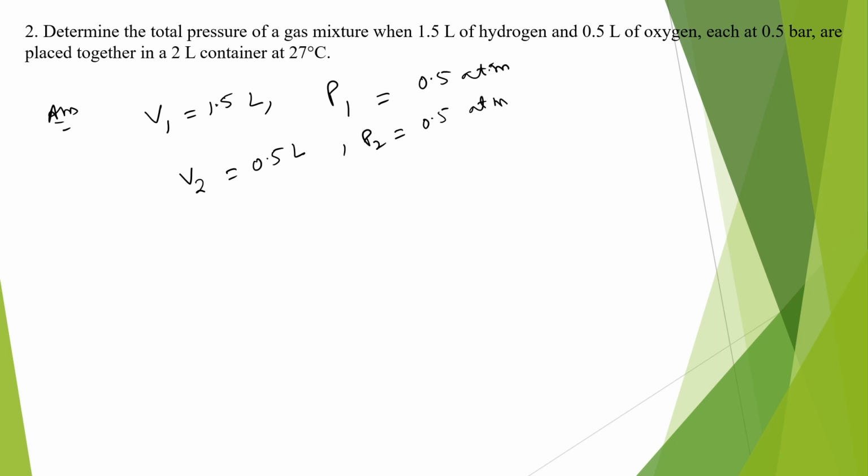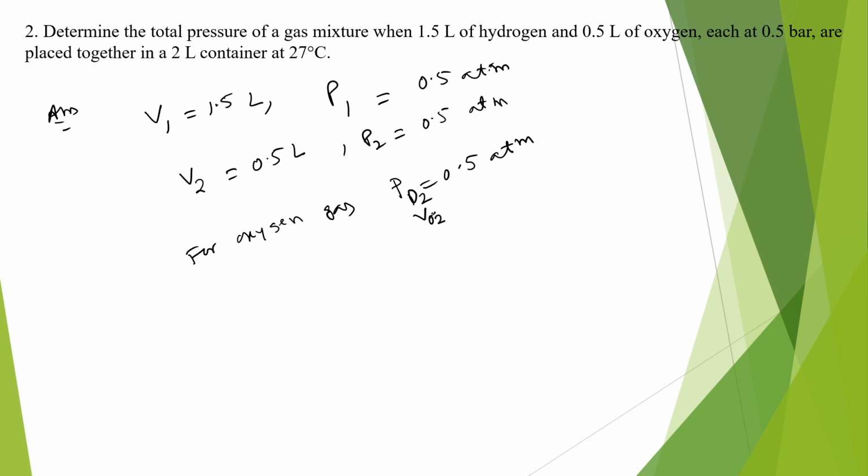Okay. So, we will proceed it. So, according to Boyle's law, we know, okay. So, P1 V1, or we can write for oxygen gas, P1 is 0.5 atmosphere, we write for oxygen gas PO2, okay, 0.5 atmosphere, volume of oxygen given.